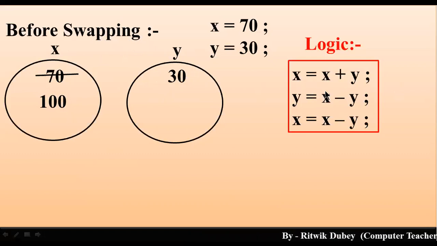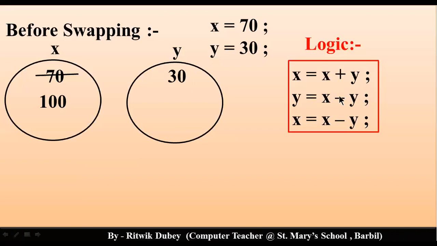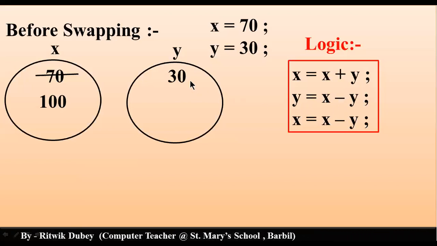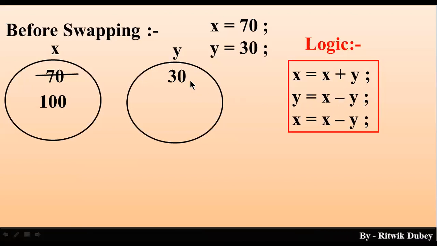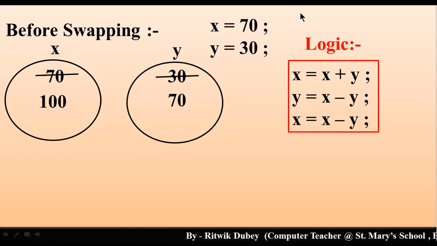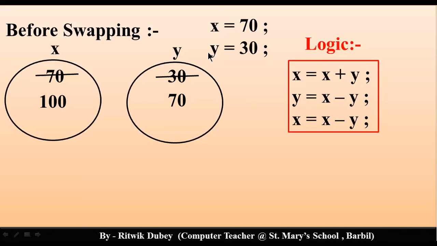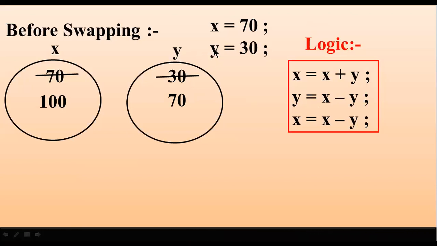So in the second line, x means 100. 100 minus 30 will be 70, and you have to assign 70 to y. So the value 70 will replace the value 30. Half of the task is performed in variable y; we have 70 now. Half of the task is finished.